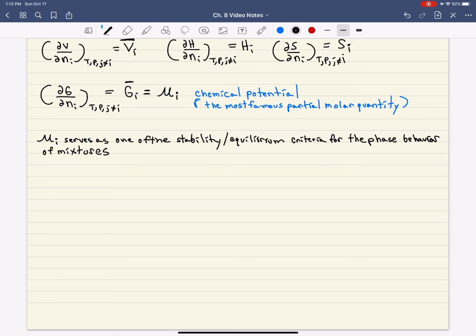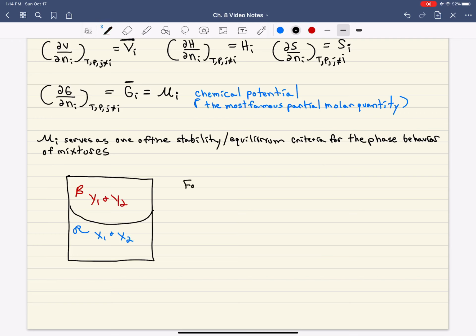Okay? And so if you had some sort of system in this box, and you had two different phases, alpha and beta, with a mixture, you may have your two components both in the alpha phase and in the beta phase.